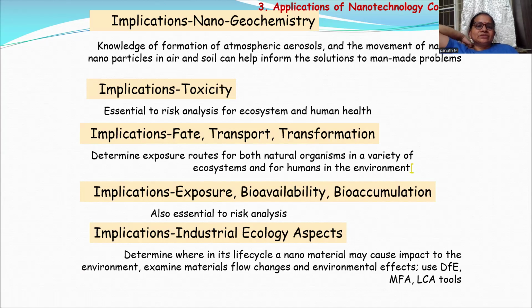Similarly, implications of toxicity, which is essential to risk analysis for ecosystem and human health. And similarly, implications of exposure, behavior, viability, bioaccumulation, implications of industrial ecology aspects, and all these are made possible because of the nano structure levels and the vast applications of nanomaterials.